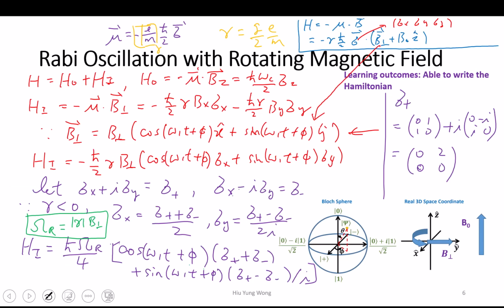Let me just convert this to exponential. So this is the h bar omega R divided by 4. And what is cosine? Cosine is e to the power i omega 1t plus phi plus exponential negative i omega 1t minus phi.